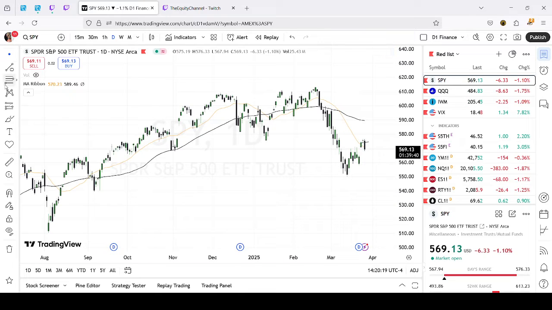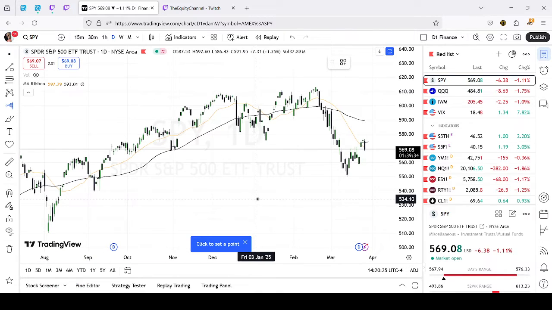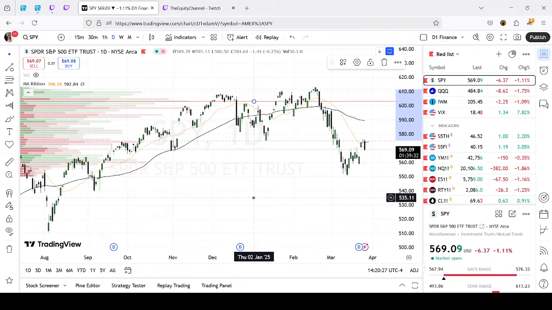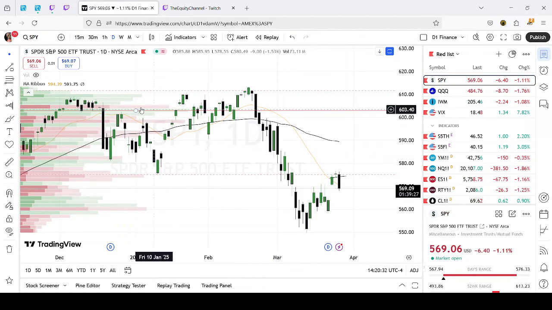So, if I wanted to know where they were most active year to date, I would set my anchored volume profile at the first day of the year. And then now I have all of my volume profile nodes popping up to show me what's going on.